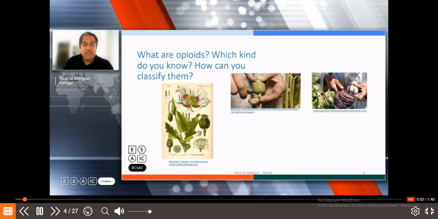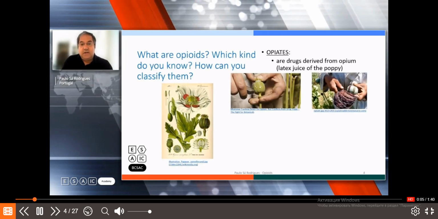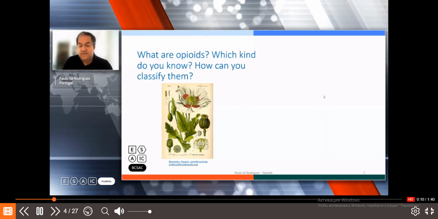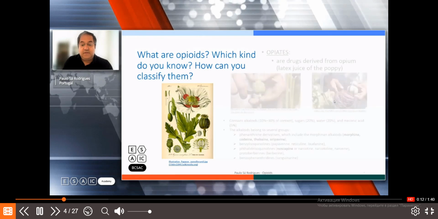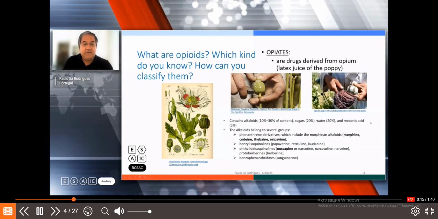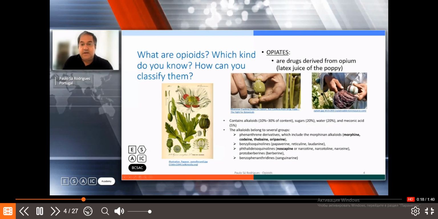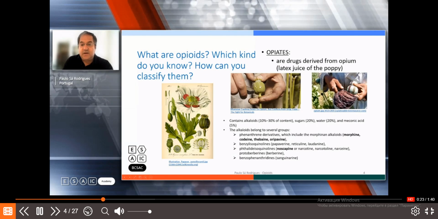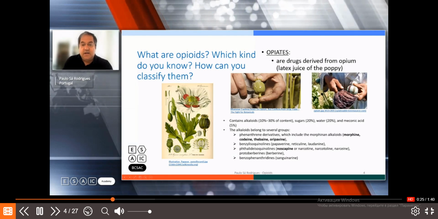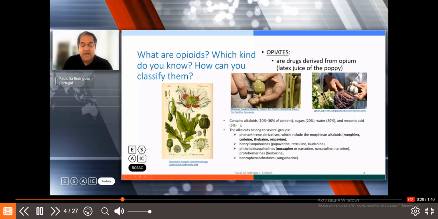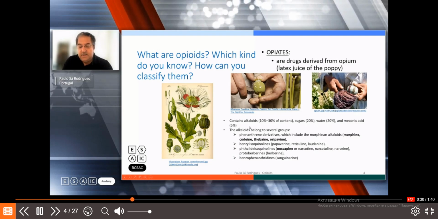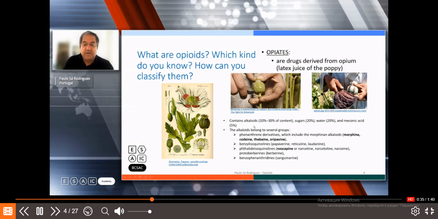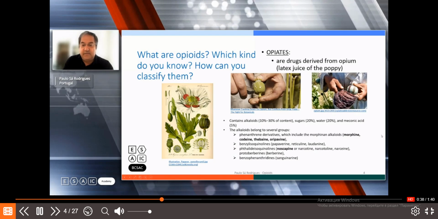So, opioids are drugs derived from opium, the latex juice of the poppy that you see here, and that is collected and prepared. After being dried, we may extract from this juice many alkaloids, sugars, water, and even meconic acid.